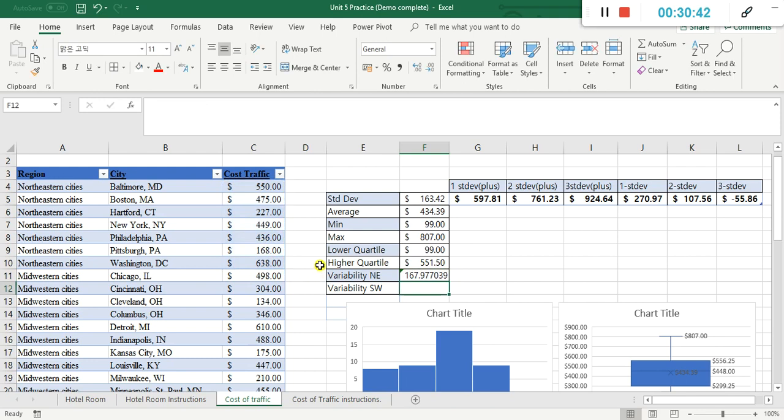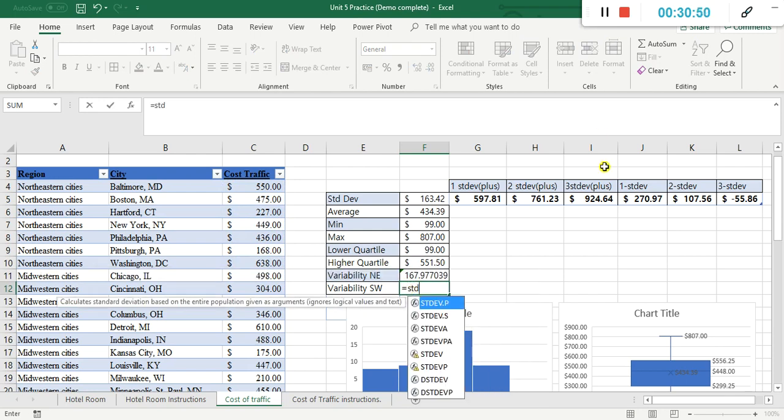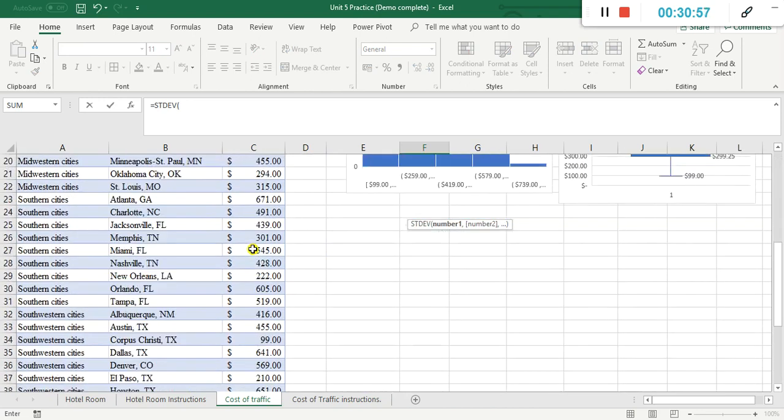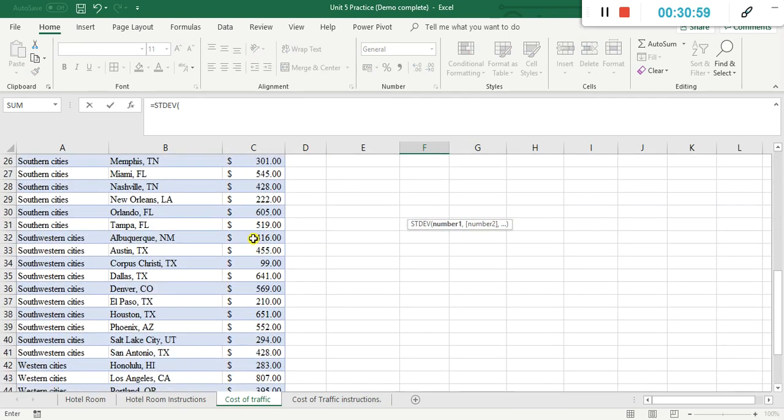And then the variability of the southwestern ones, the standard deviation of the southwestern cities.